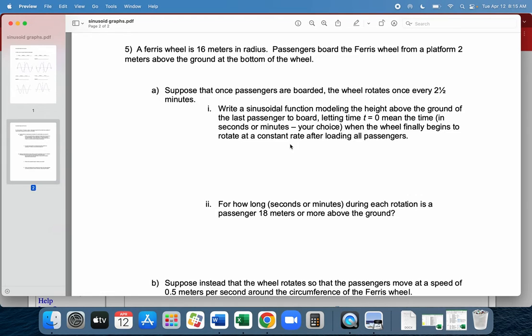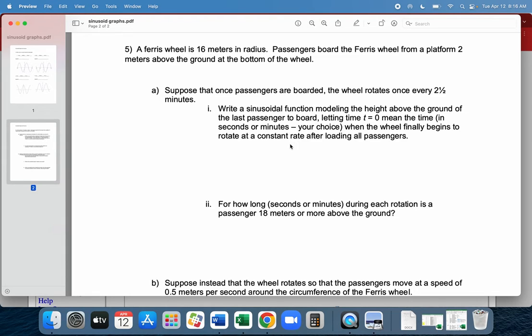We're talking about the height above the ground though, so we're going to be 16 units above or below the center of that circle. So that's an amplitude of 16 meters. If we're modeling our height, it's going to be measured in meters unless we wanted to do unit conversions here, which I don't.